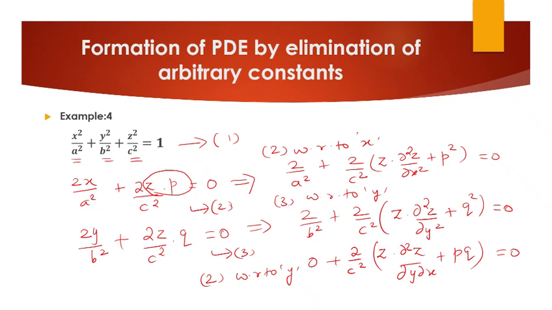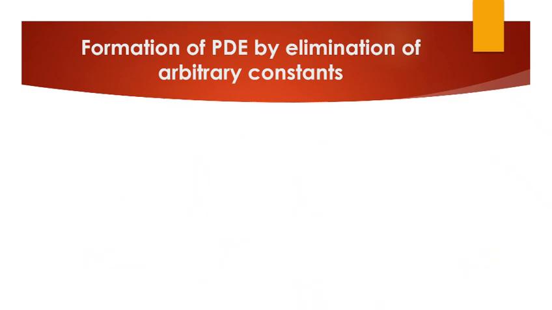Since there is no arbitrary constant involved, this is nothing but z into dou square z by dou y dou x plus pq is equal to 0. When you take this product term to the right hand side, the equation involves no arbitrary constant, so this can be considered our resultant PDE. I hope you understand this video. Thank you for your patience.